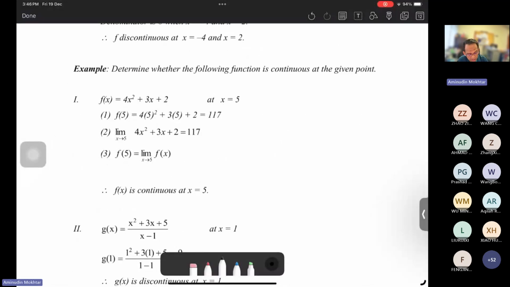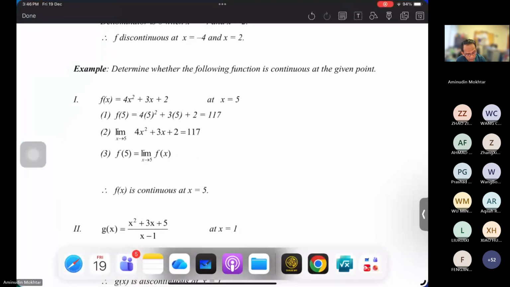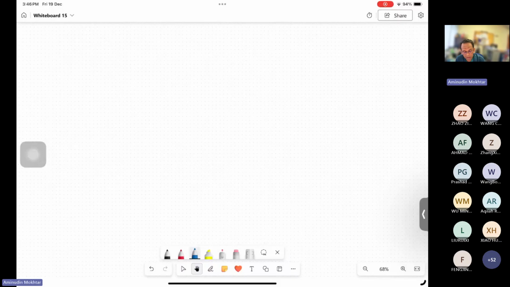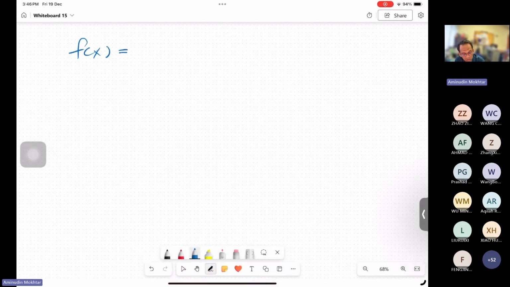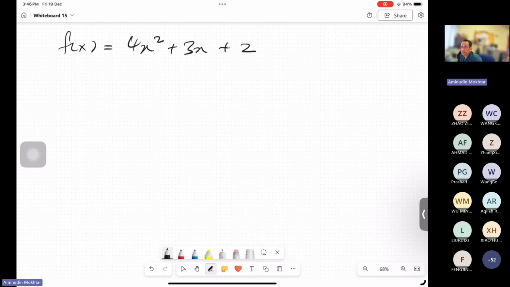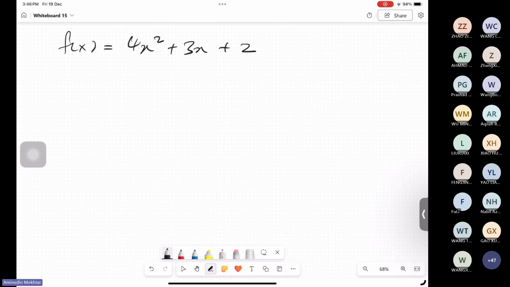Let's say I have this quadratic function f(x) equals 4x squared plus 3x plus 2, and I would like to determine whether the function is continuous or not at point x equals 5.